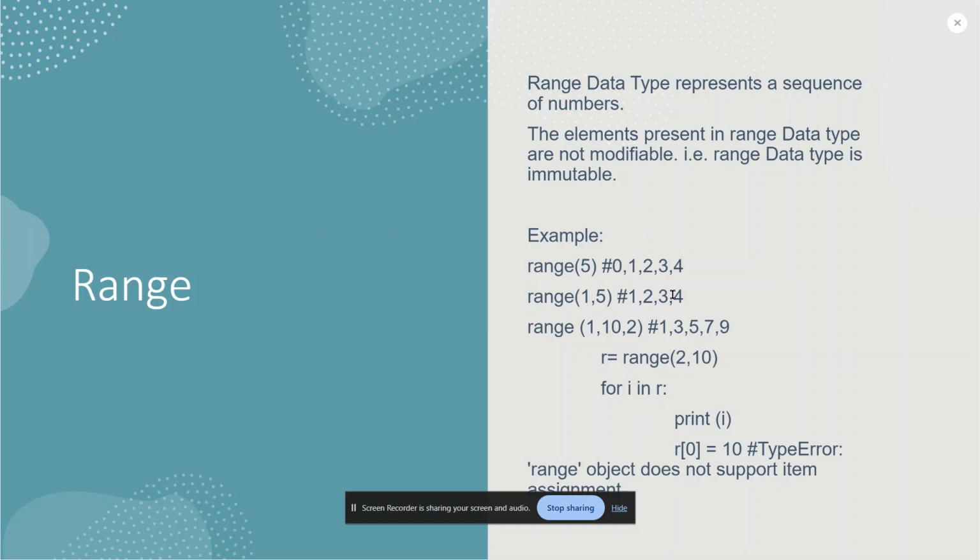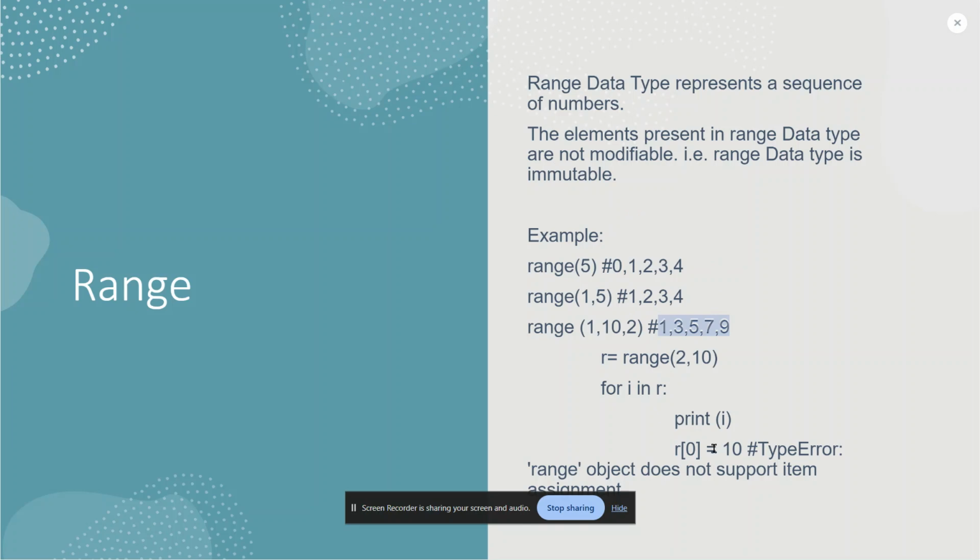Let us say this is my output. Before it is finalized or saved into a variable or list or any data type, I cannot change the value at any position because it's immutable.